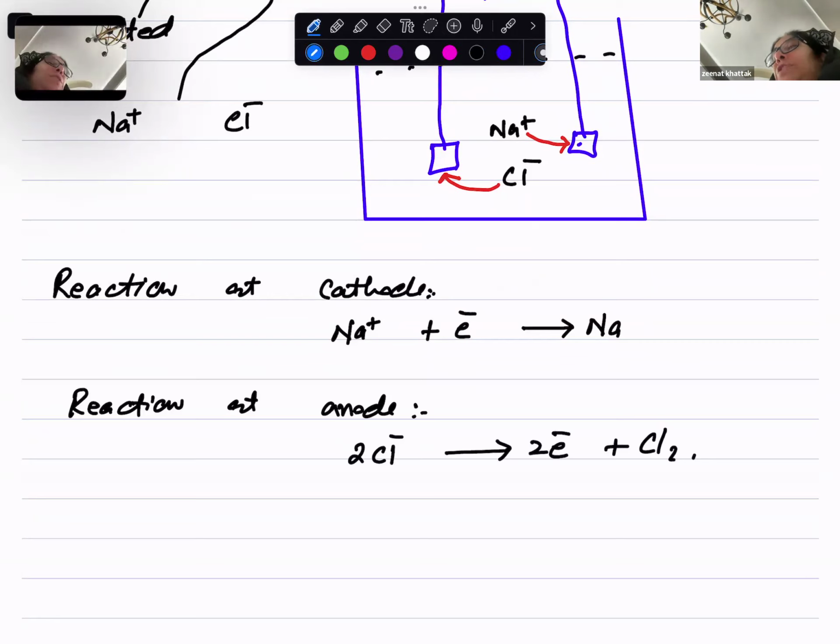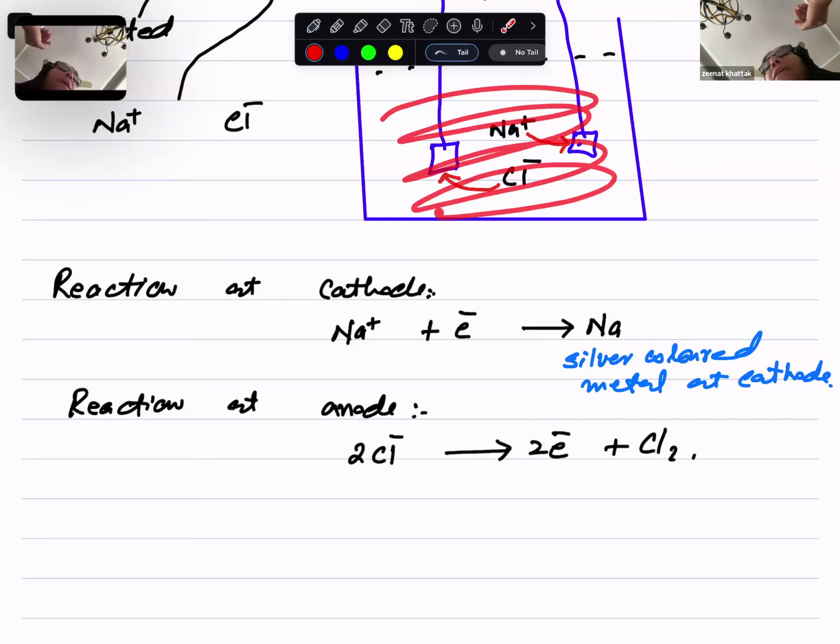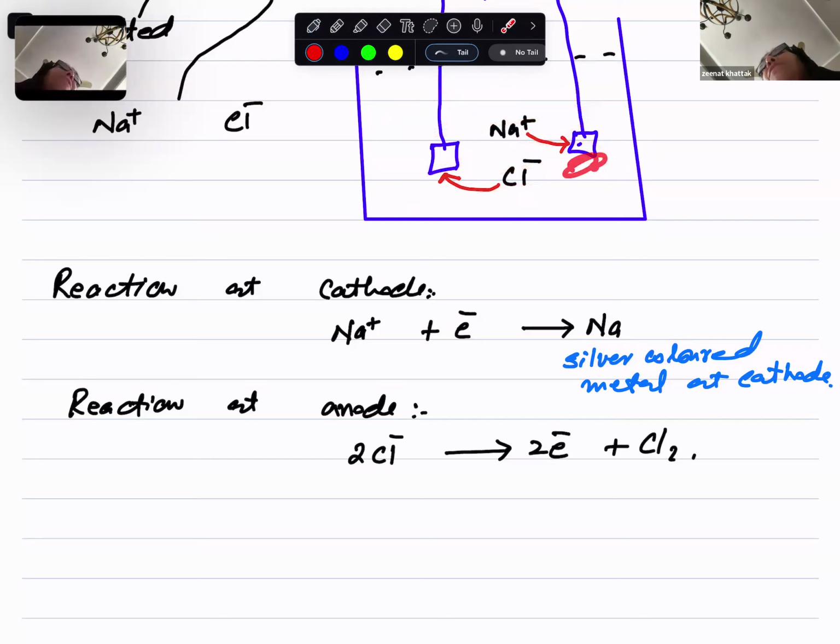So what is your observation? Silver colored metal at cathode. You can even say below the cathode, because if the temperature is so high, the metal formed will not deposit, it will accumulate below the cathode.